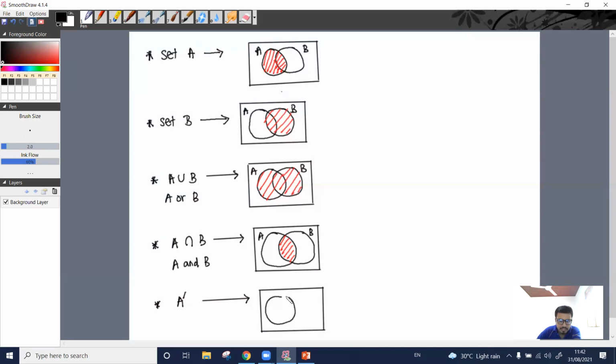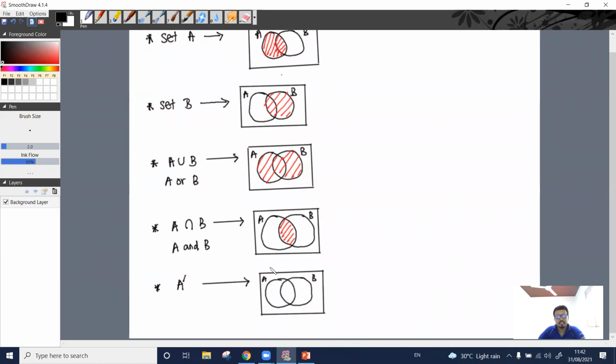If we say it in words, how should it be? This is set A, this is set B. Dash means not belongs to. Area that does not belong to A.